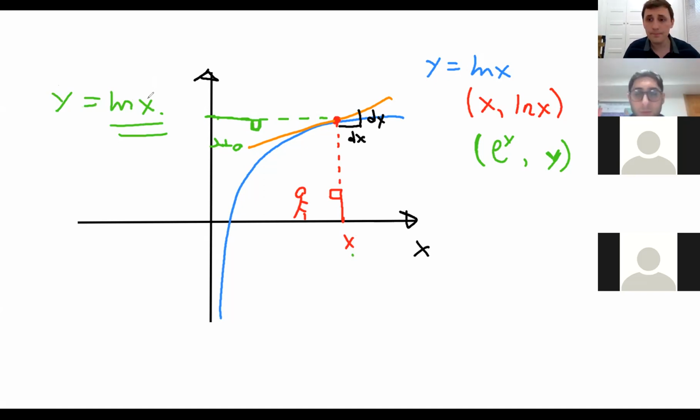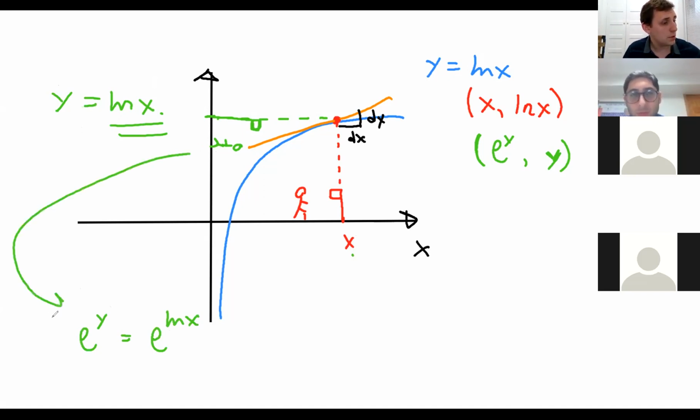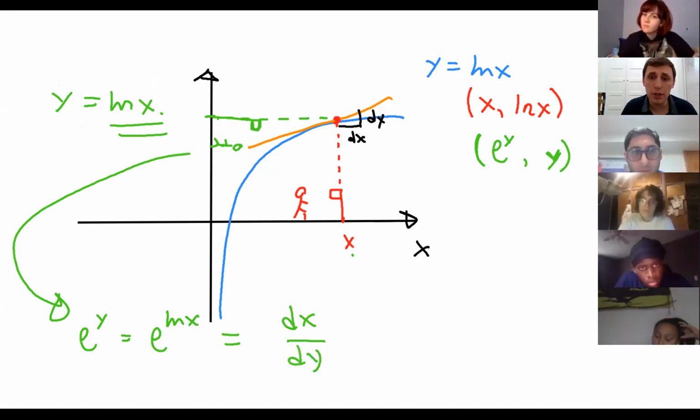So for him, the slope is e to the y, which is e to the ln x. You understand? He reports slope here, and his slope is given by dx/dy, because it's rise over run. But for him, the rise is dx and the run is dy. Clear?